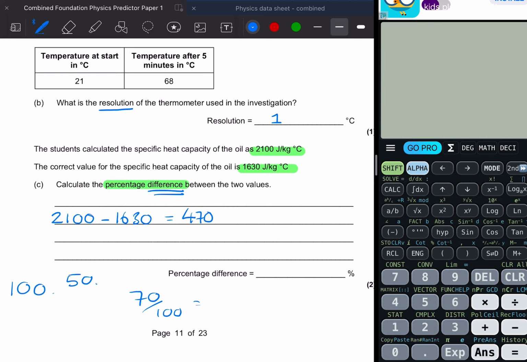So I'm going to do the same thing here. I got 470 difference, and I could have got 2100.